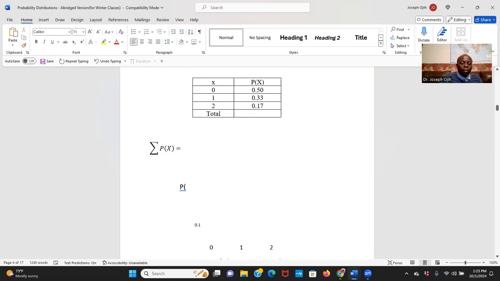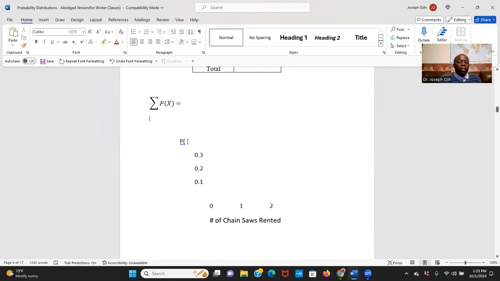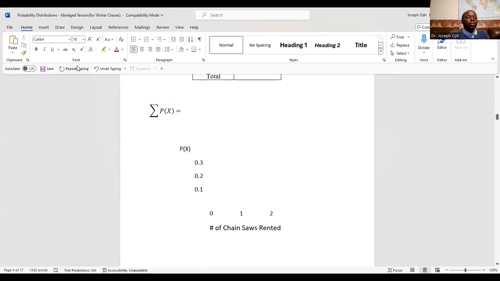0.2, 0.3. So I'm going to make all of this 16. So this is P(X). Now we're going to put the lines.